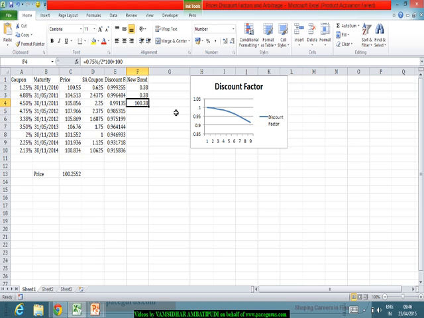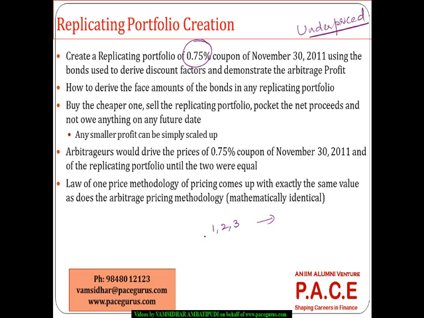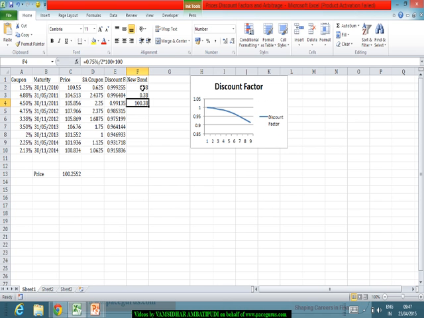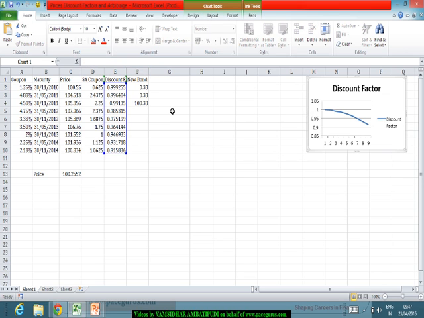Now, as a part of the replicating mechanism, I'll create three different equations which will match the cash flows. Now, I have to match this particular cash flow of 0.38.